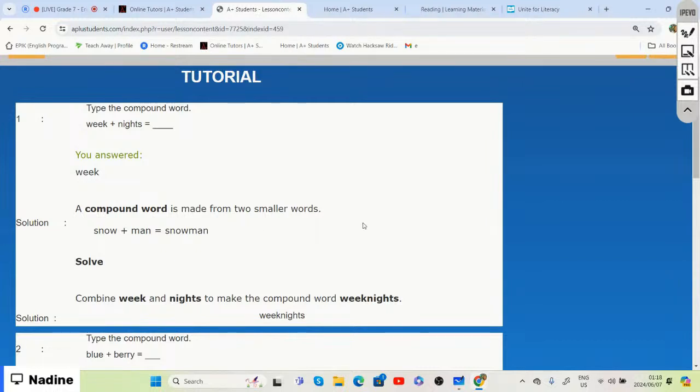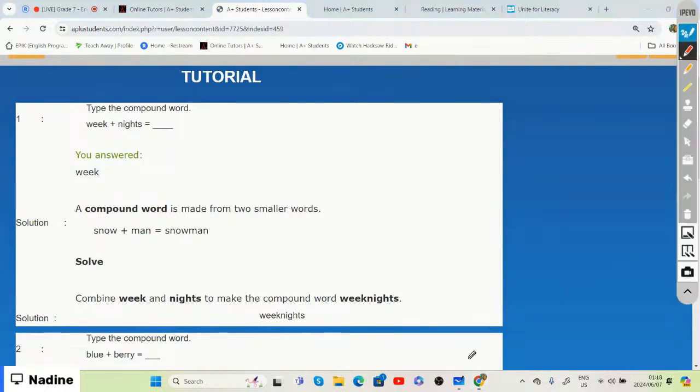So if we look at a compound word, then we have week plus nights. We have week plus nights, and week plus nights is week nights.